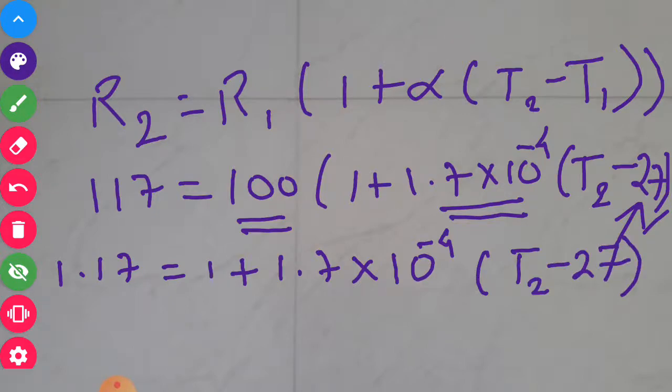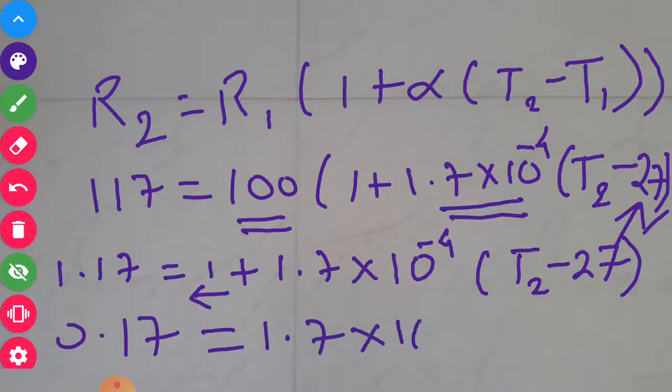This 1 goes on the other side and it becomes 0.17 is equal to 1.7 into 10 raised to minus 4 into T2 minus 27.